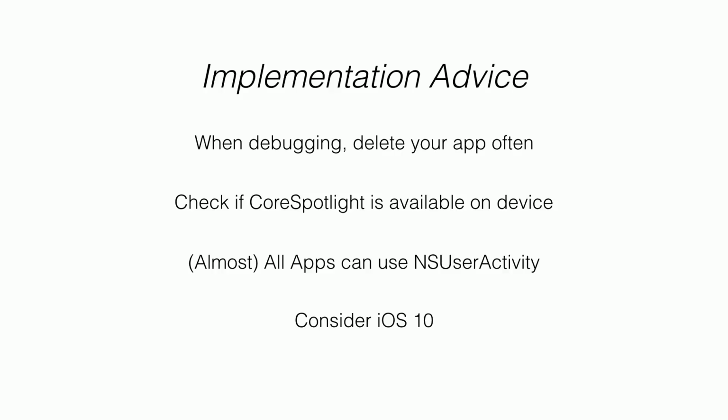Then consider iOS 10. Whenever you decide to design your app, iOS 10 added a lot of interesting features. Actually, it added a lot of maturity to the APIs for indexing, especially for what happens if your indexing gets interrupted, and updating your index when your app's not even running, those sort of things.